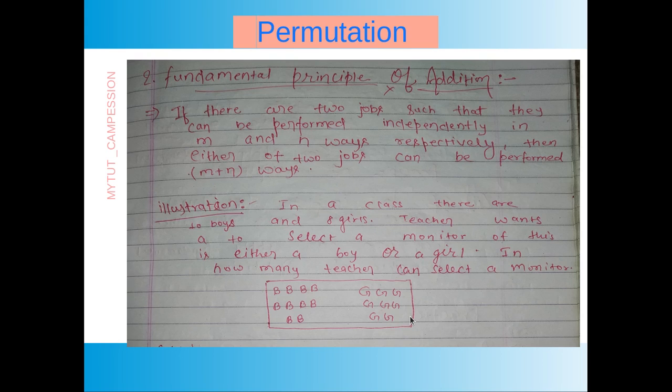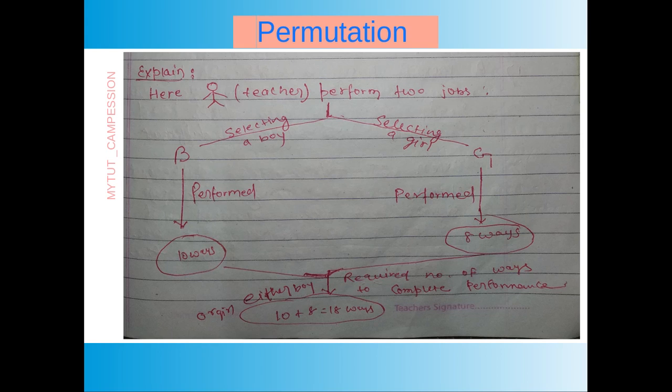So the number of ways to complete the task is 18 ways. Here the teacher performs two jobs, selecting a boy or selecting a girl, in 10 ways and 8 ways. The required number of ways to complete the performance, either a boy or a girl, equals 18 ways.